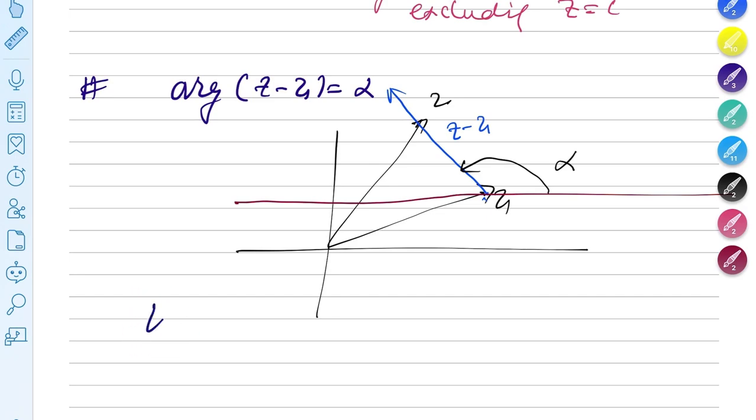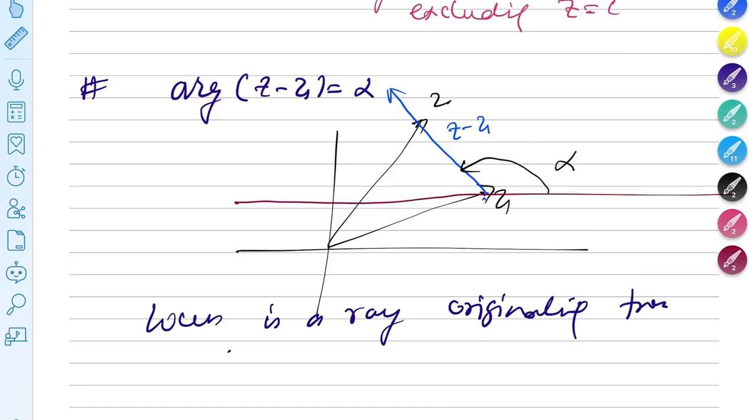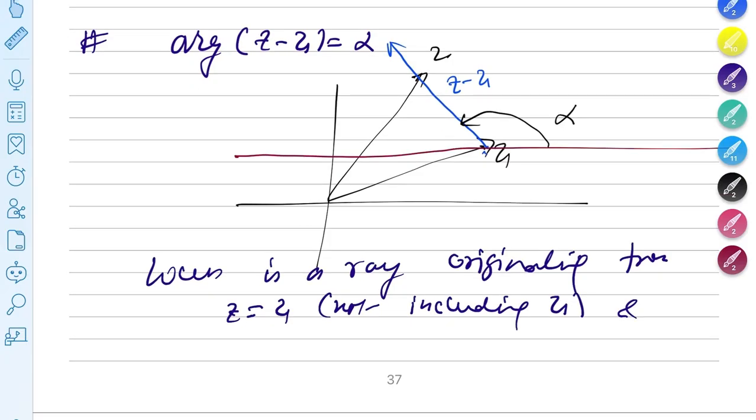The locus is a ray originating from z equal to z1, not including z1, and moving at an angle of alpha.